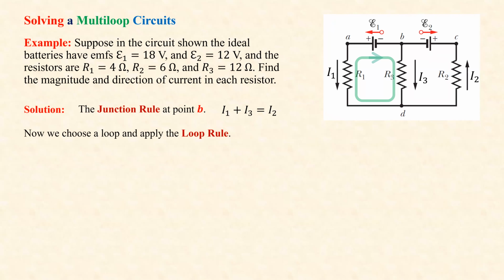So we choose this one. Let's start with this one. For this loop, we can also choose the starting point. The starting point doesn't matter. For example, if you start here, go around, or start here, go around, doesn't really matter, because it just changes the order of the term in the equation.